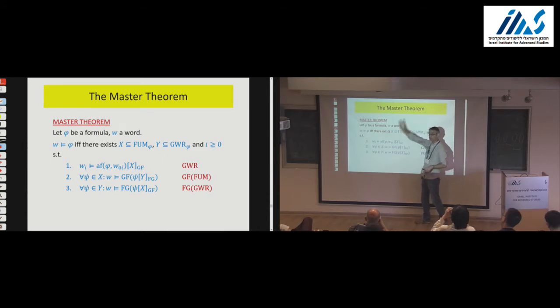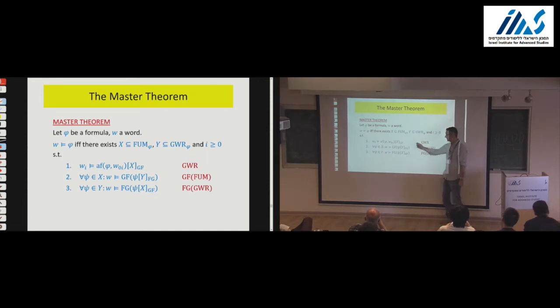So you reduce the problem to constructing automata for each choice of x and y, which check these three properties. The advantage you have now is that these three formulas are easy formulas. They are not complicated formulas.